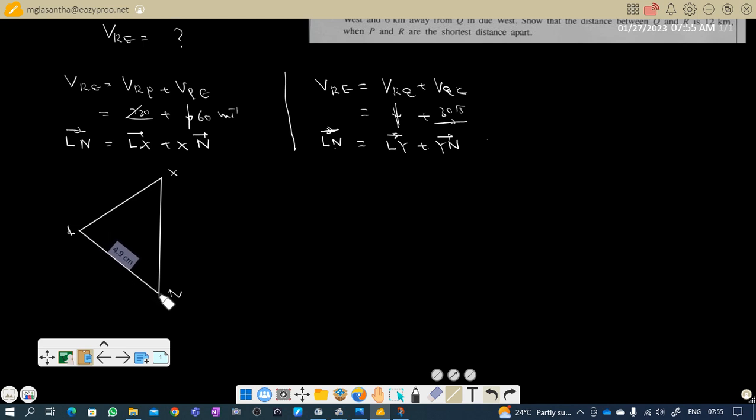This is LN, right? LX plus XN equals LN.